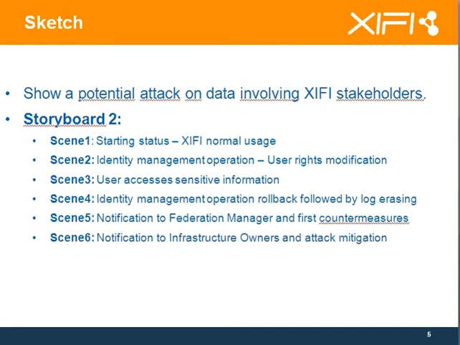In scene number 5 we have a notification to the Federation Manager and the first countermeasures, and the last scene, number 6, which is a notification to infrastructure owners and attack mitigation.